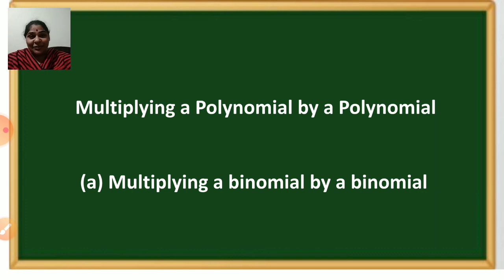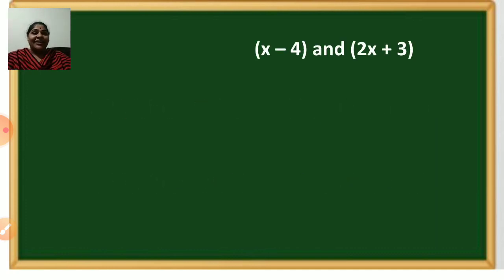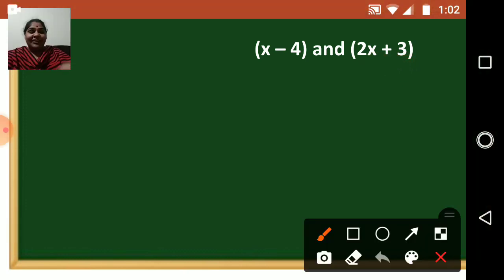So let us see one example, children. Now if you see here, it is x minus 4 multiplied by 2x plus 3. Both the expressions are binomials. There are two terms in both the expressions.